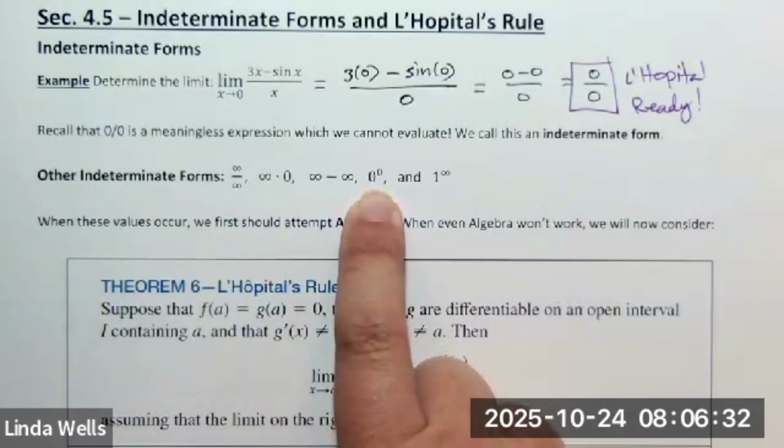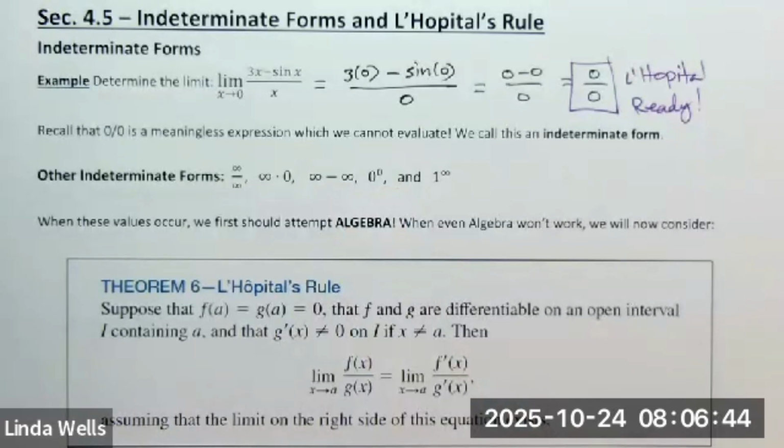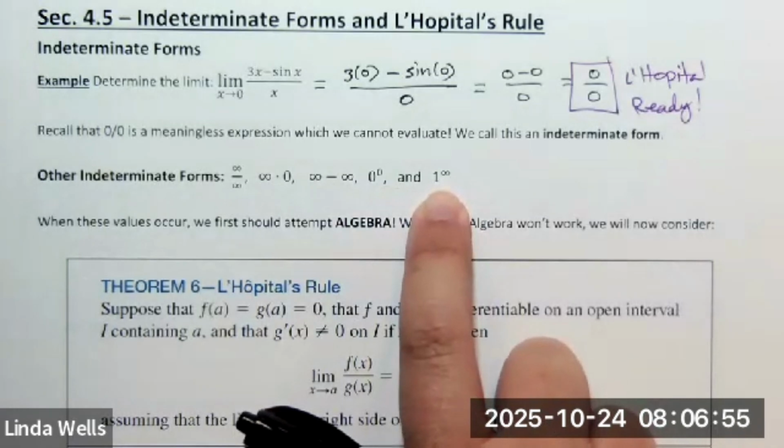Oh, well, that is something we cannot evaluate. Because remember, 0 to a number power is 0. But what's a number to the 0 power? 1. Depending on which one of these zeros you focus on, you get 2 different answers. To know which one wins the battle, so to speak, you have to use algebra, L'Hopital, all those different wonderful things. 1 times 1 times 1 times 1 times 1 is not a number. It's not actually the number 1.